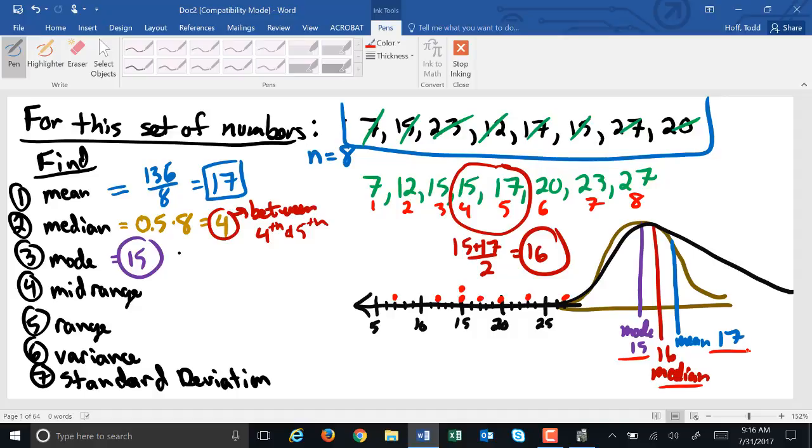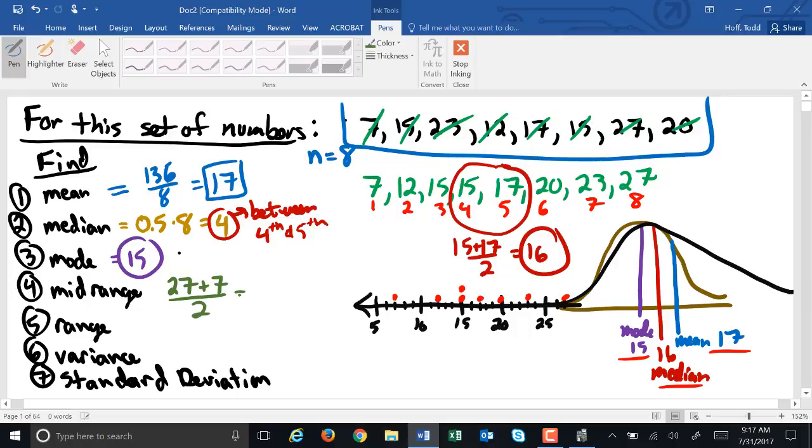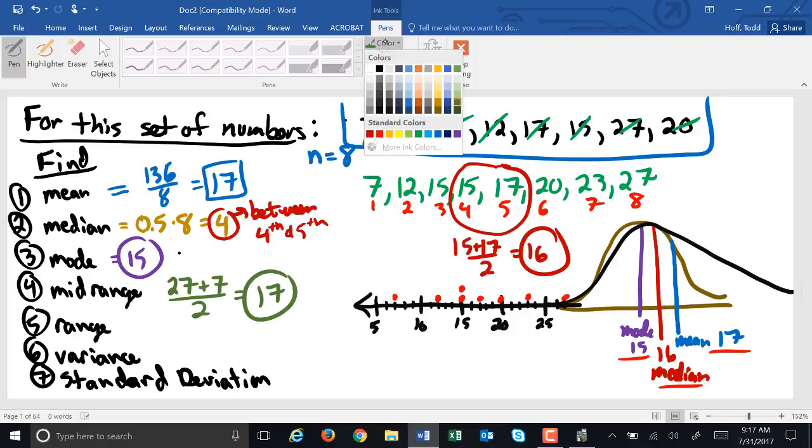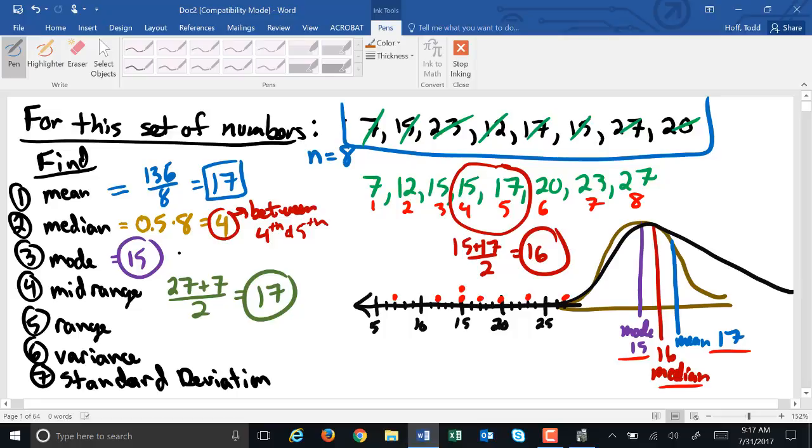Next, for the mid-range, how did you find the mid-range? We take the largest and the smallest, and we add them together, and we divide by 2. That does give us 17. Finally, the range.